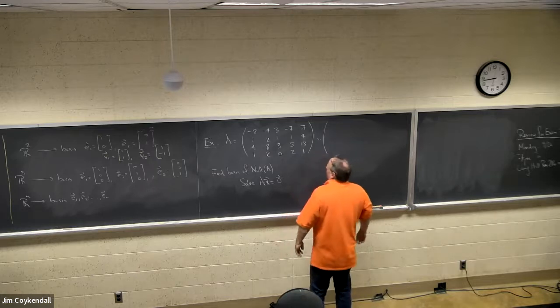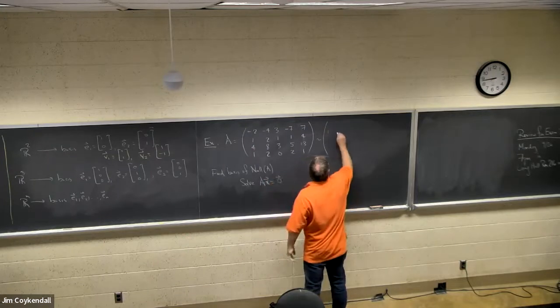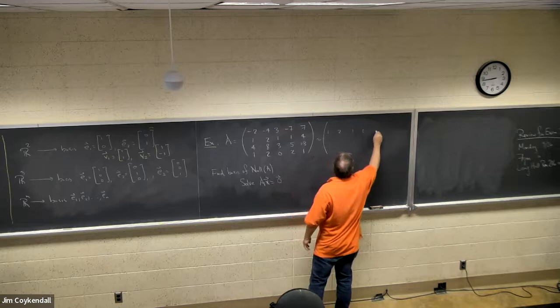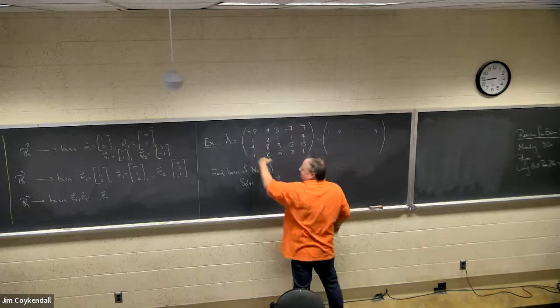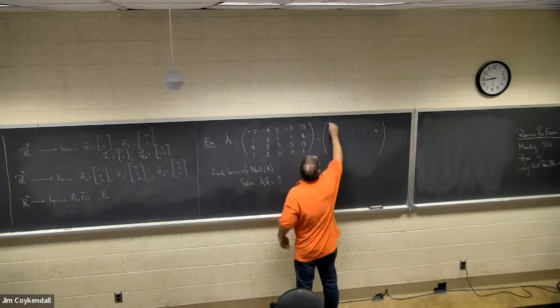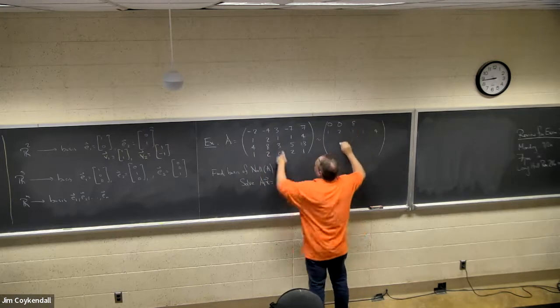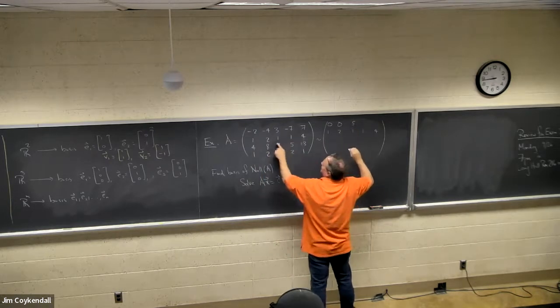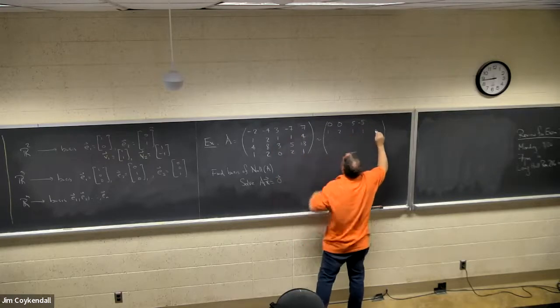The first thing I'm going to do is, I guess I'll leave this row alone, 2, 1, 1, 4. And I'm going to use this to kind of nuke everything up and down. So I'm going to multiply this by 2 and add it here. Give me 0, 0, 5, 2 minus 5, 15.